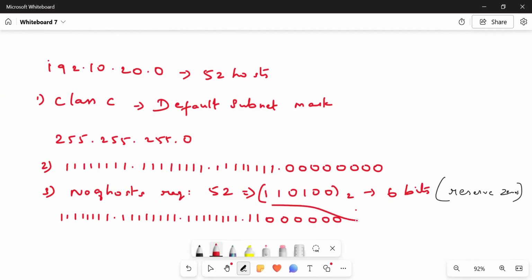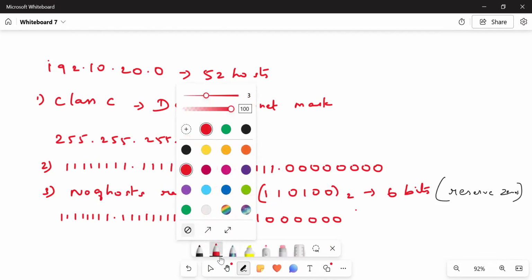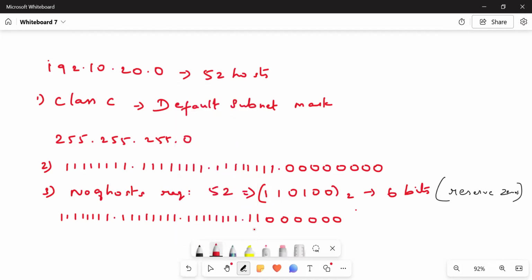Now we can write the new subnet mask. The first one we are encountering, the position is 2 power 0, 2 power 1, 2 power 2, 2 power 3, 2 power 4, 5, 6.